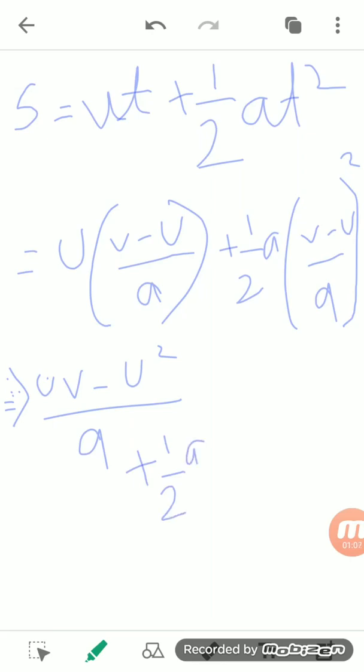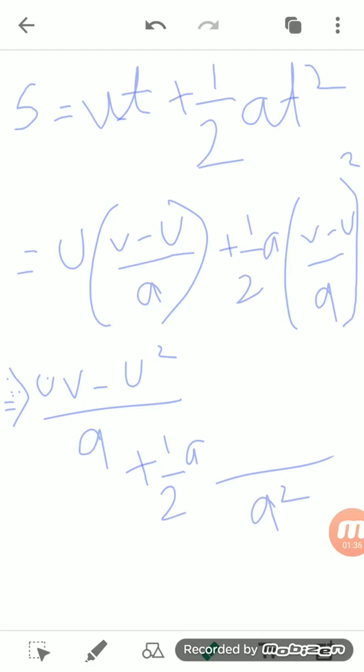Now see here, we can also write it as (v minus u) the whole square upon a square. So (a minus b) the whole square is equal to a square plus b square minus 2ab.